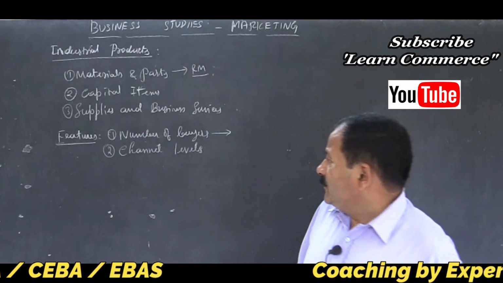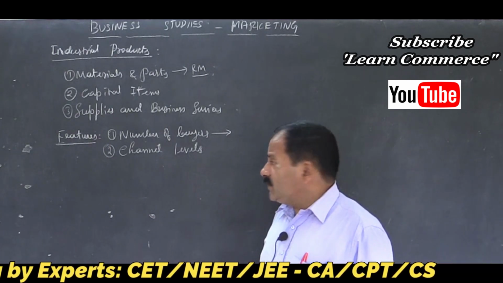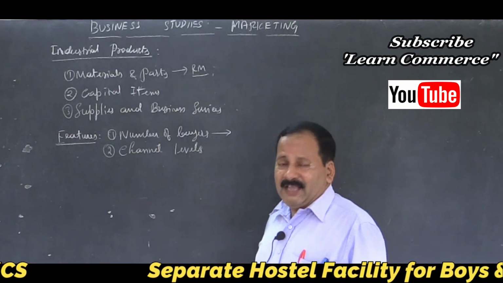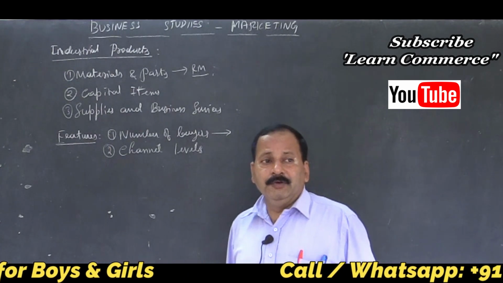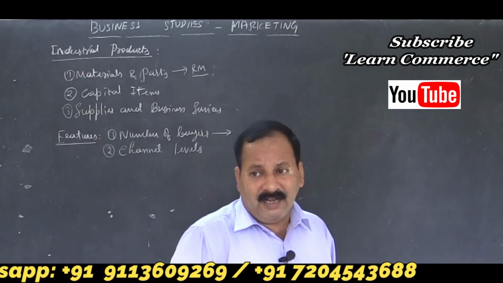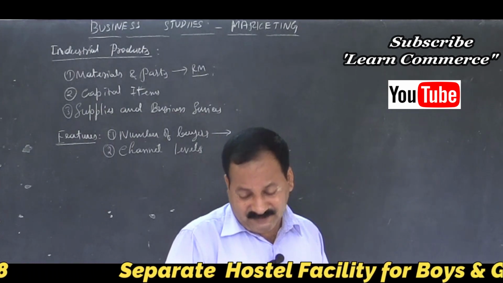So either they will produce on their own the raw materials, or they will directly purchase from the buyers. Maybe one agent will be there, the person who will collect all the raw materials together, and he or she will supply it to the industries.